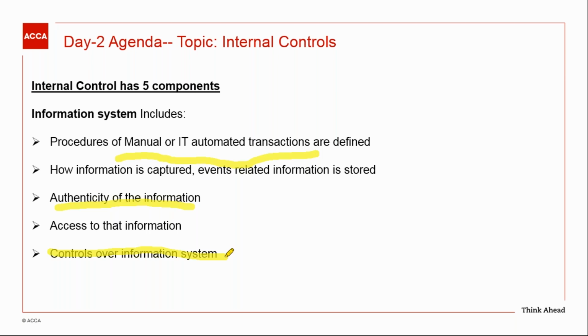So that's the control applied on the information system: who is eligible for what type of information. That's all about information system. This is very easy. I think you people understand the third component, the information system.